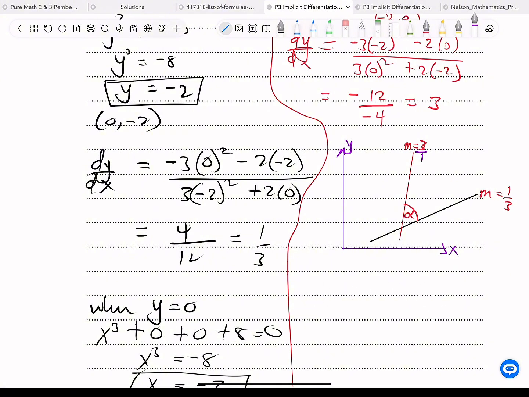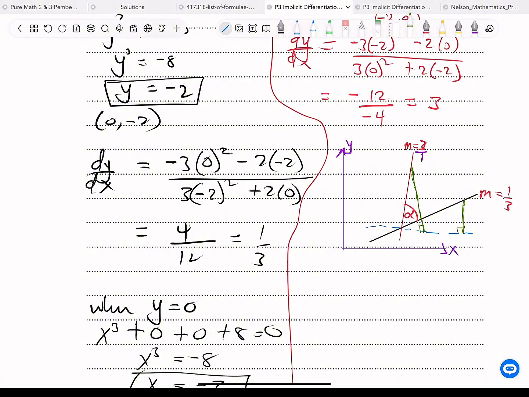Now, from every gradient or tangent we can extract a right angle triangle. So let's say that we have a line parallel to the x-axis right there. So we can form a right angle triangle with this black line, and we can also form a right angle triangle with this red line.